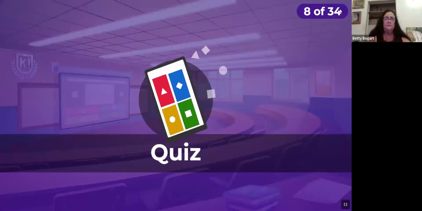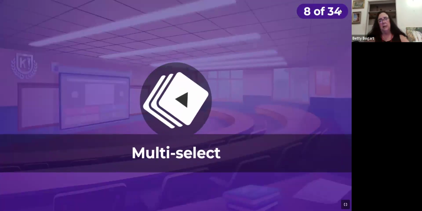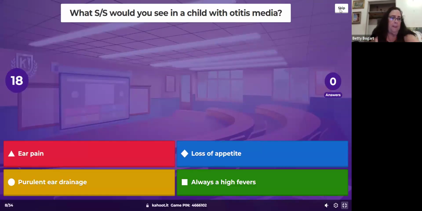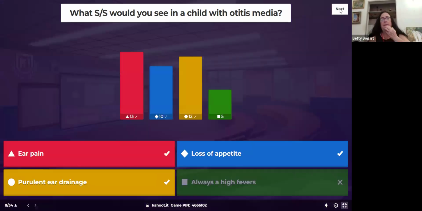What signs and symptoms would you see in a child with otitis media? The thing with ears is they don't always have fevers, okay? That's a misnomer.